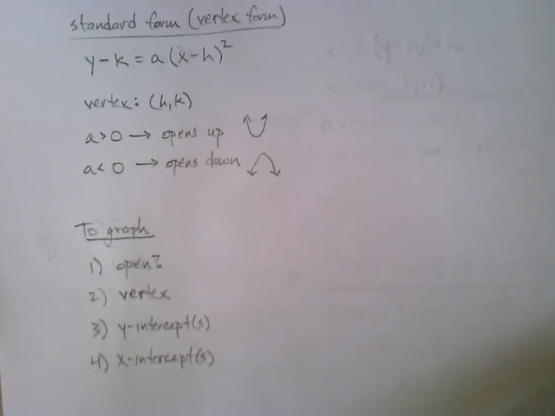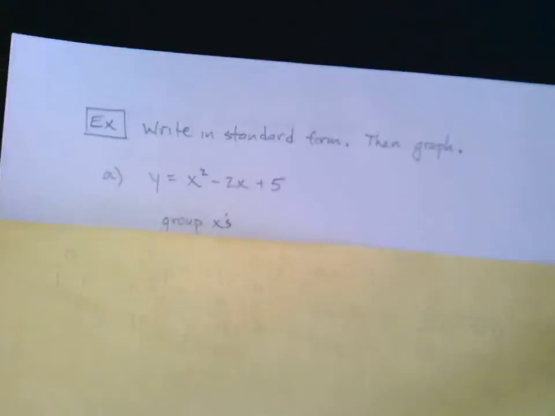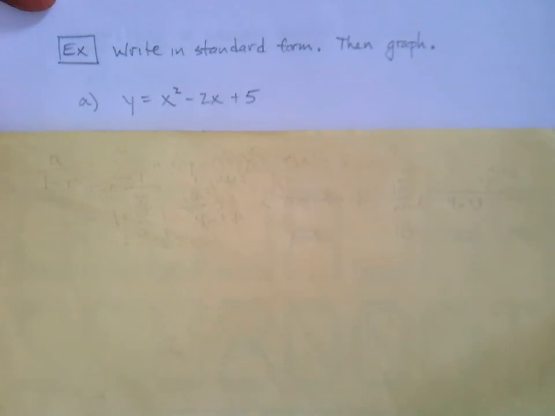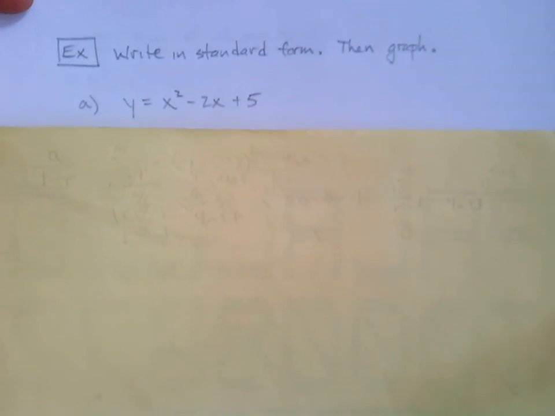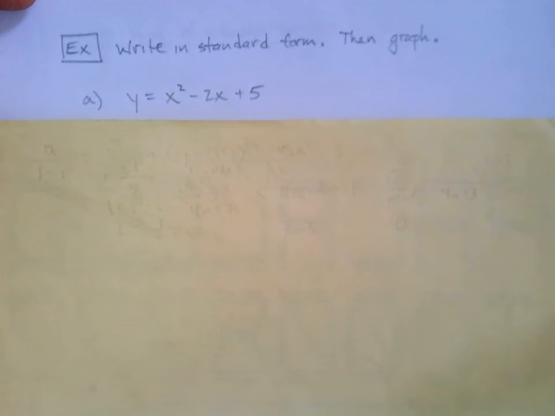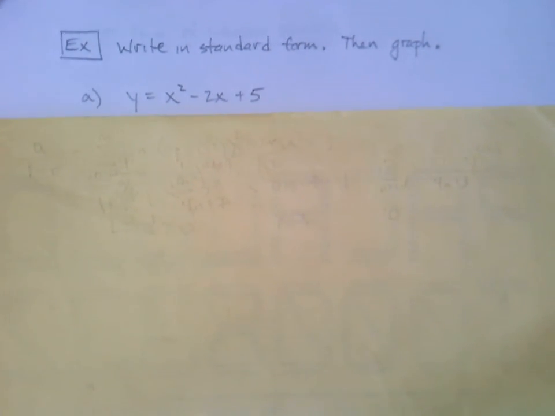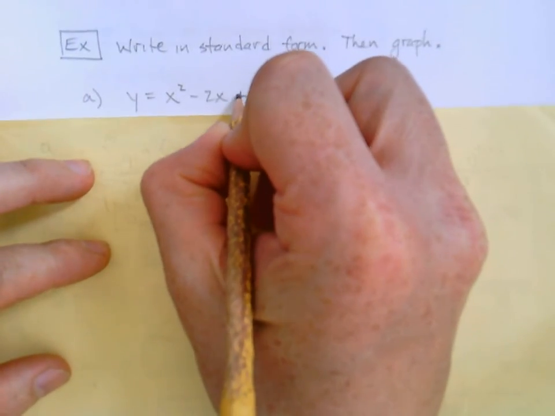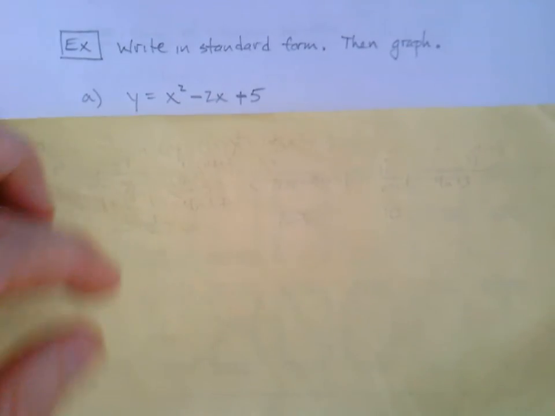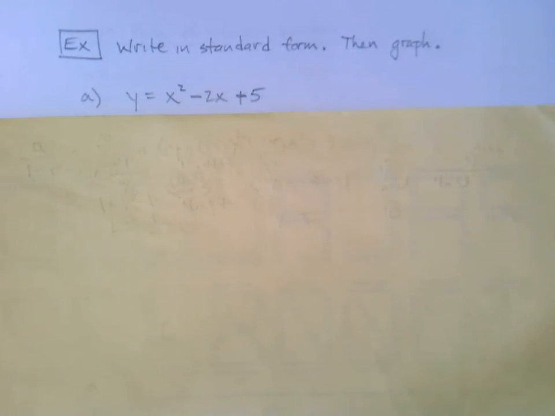All right, now let's get to an example. Similar instructions to what we saw back when we were working with circles. We're given the general form. We are to write this in the standard form, and then of course we'll identify all those pieces, how it opens, where's the vertex, that sort of thing, and then we'll be able to graph.